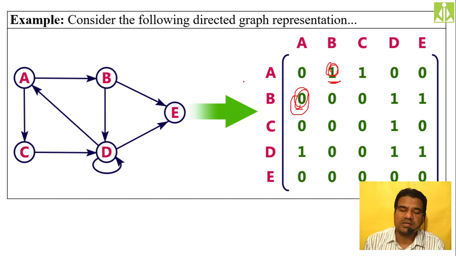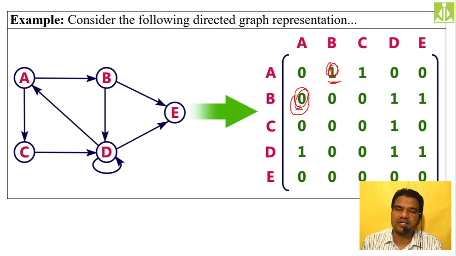So likewise, all these edges you can consider as unidirectional edges or directed edges. Simply, if there is a directed edge between two vertices, you just put 1.